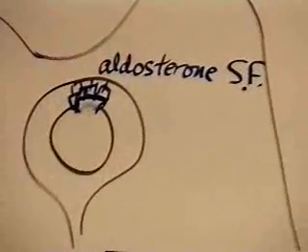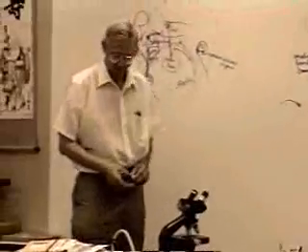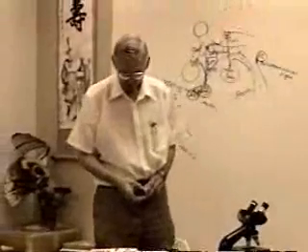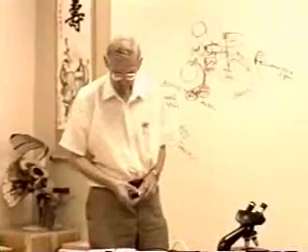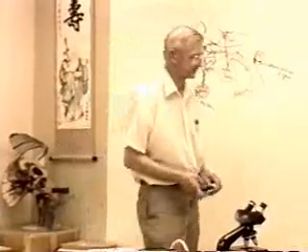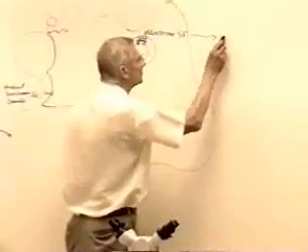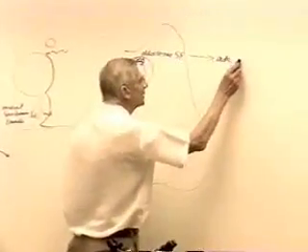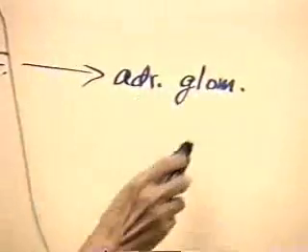In the blood vessels, circulated to the adrenal, which then secretes aldosterone from the zona glomerulosa of the adrenal.